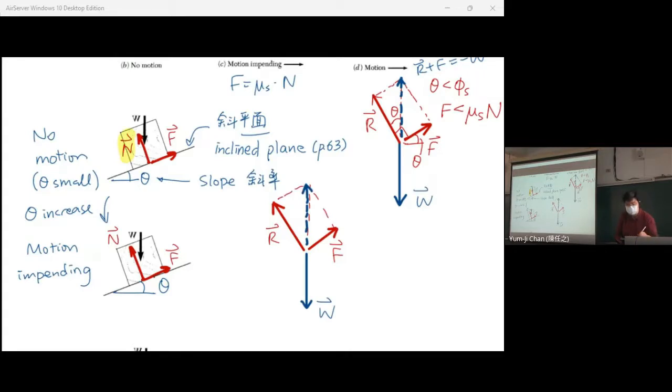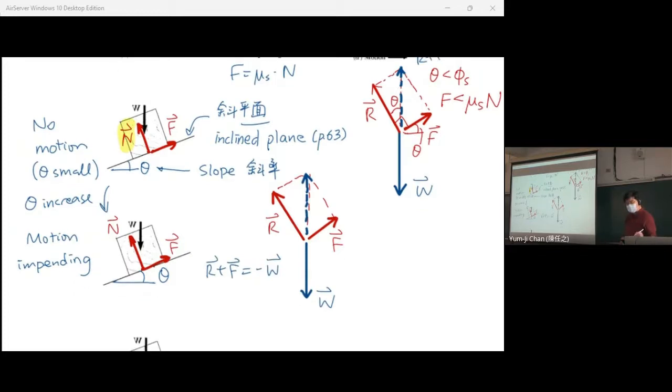Because there is no motion, we still have R plus F is equal to minus W. Of course, this one is theta and this one is theta. But if there is motion impending, that is, it reaches maximum friction. What do we know about... I'm sorry, this should be N. These two should be N. Let me correct this.